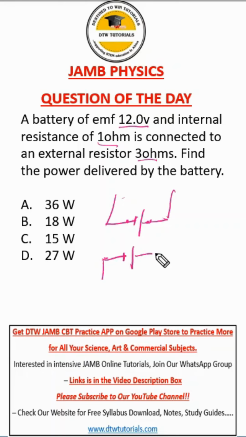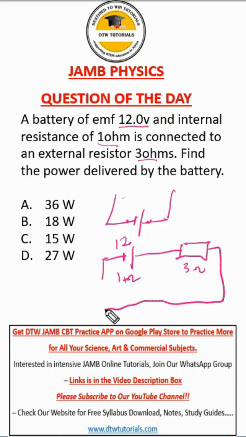From our question, this is the battery, the EMF is 12 volts, and the internal resistance is 1 ohm, and it is delivering current to an external resistor of 3 ohms. So this is a closed circuit. In this case, the EMF, the electromotive force, when it is delivering current, is the work done in moving a unit charge through this circuit.